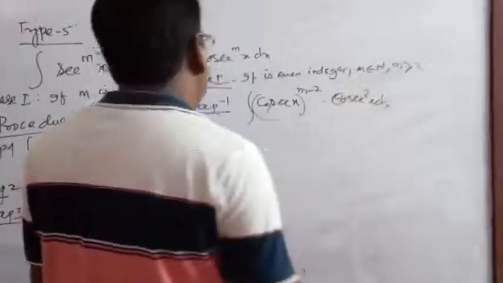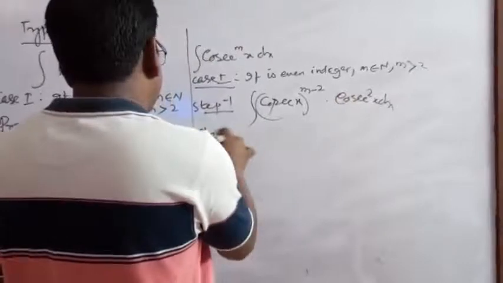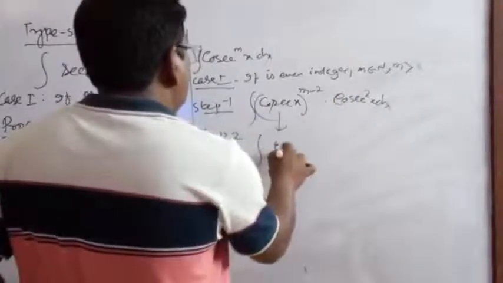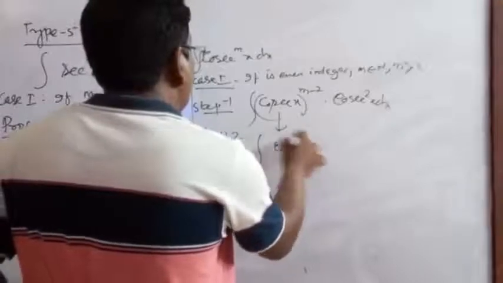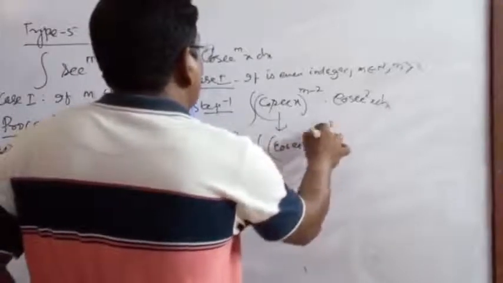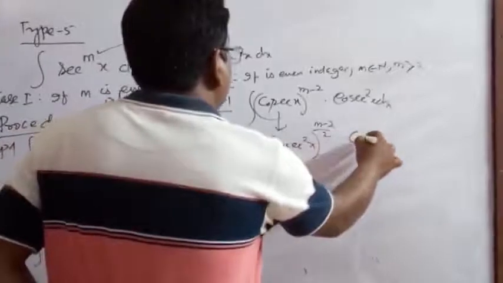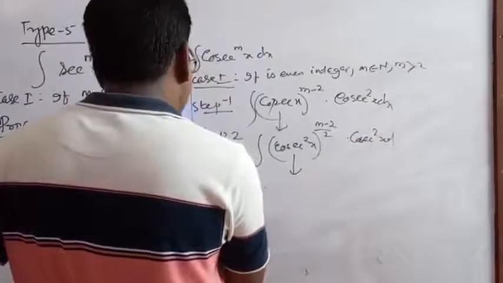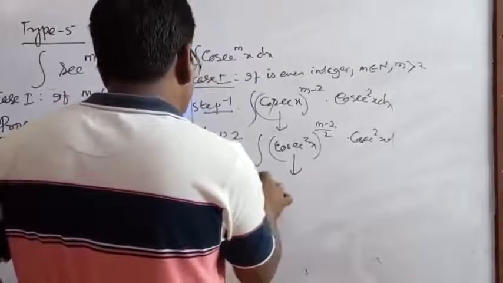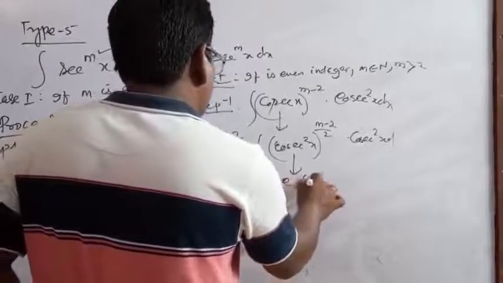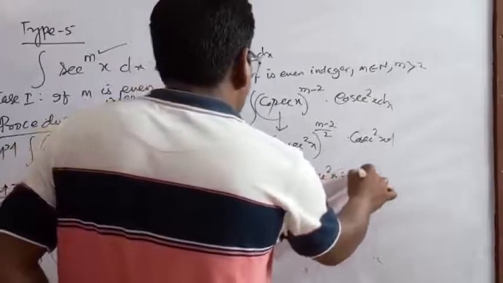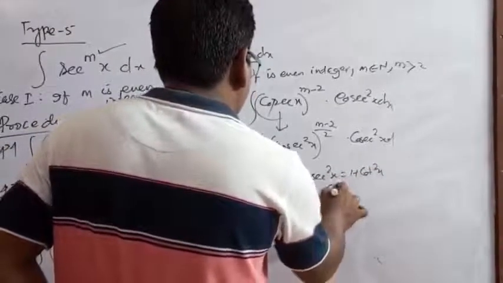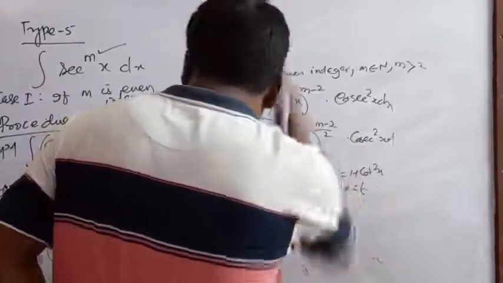Step 2: write it in cosec square form, cosec square x to the power (m minus 2) by 2, and this is cosec square x dx. Step 3: use cosec square x is equal to 1 plus cot square x and put cot x equal to t. This is the procedure.